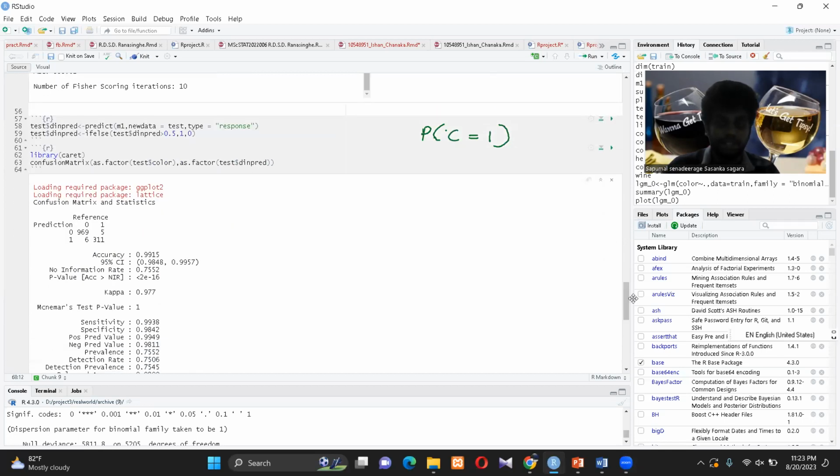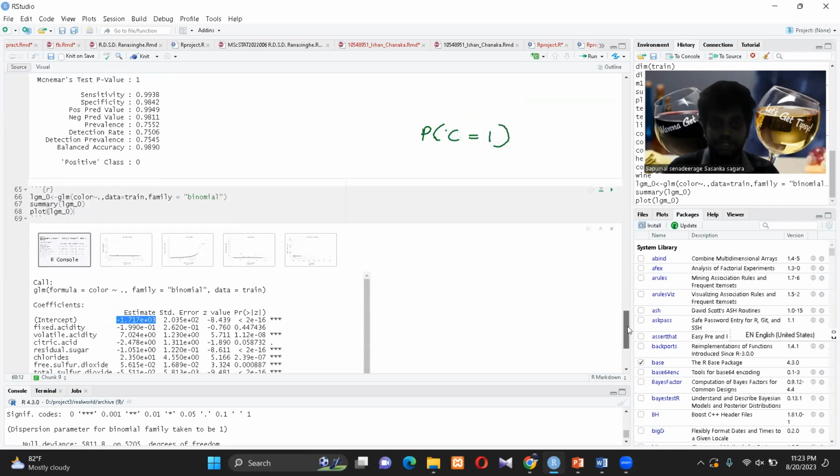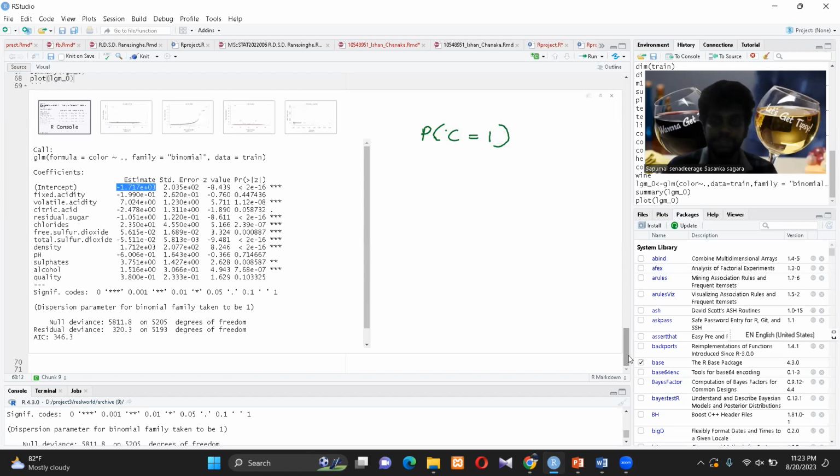According to that, the probability of color equals 1 is given by little p. Then the other one, the probability of C equals 0, is given by 1 minus p.